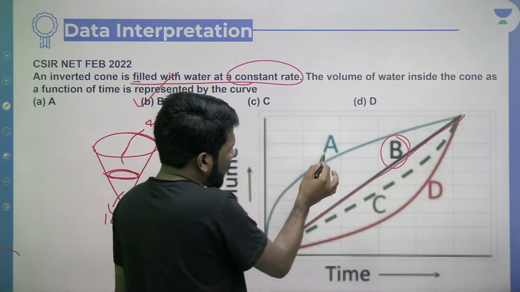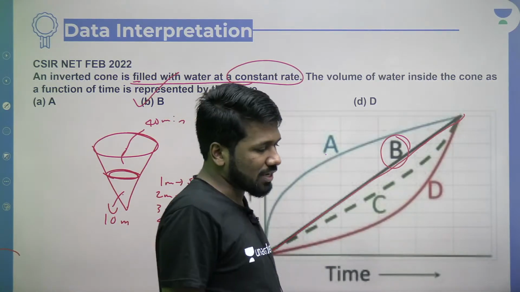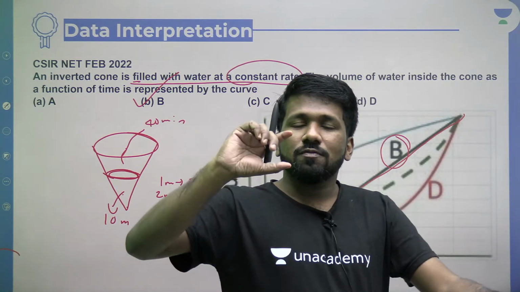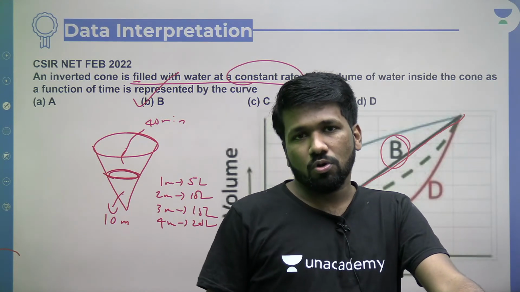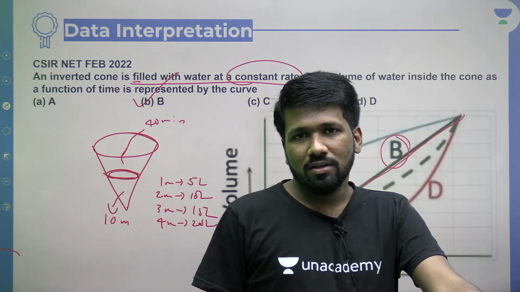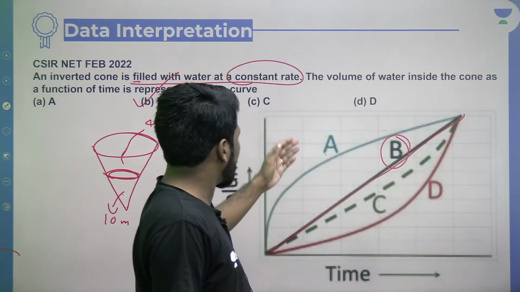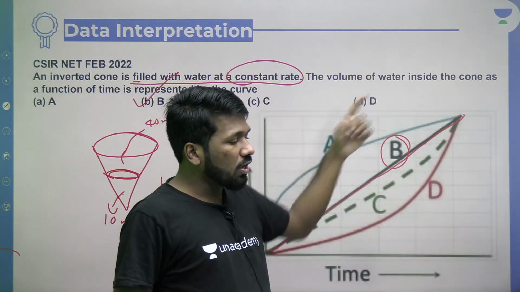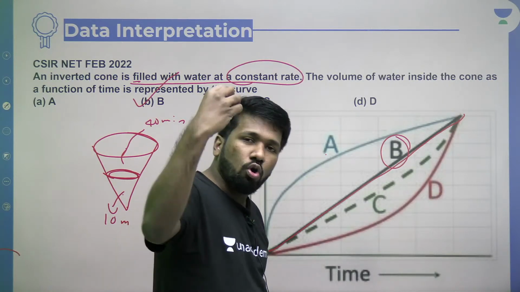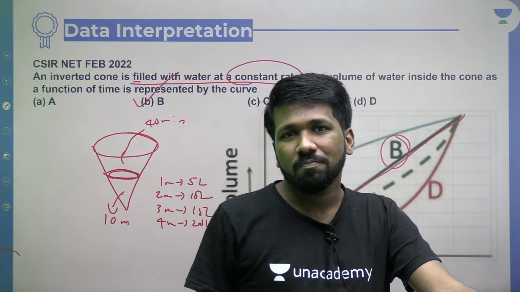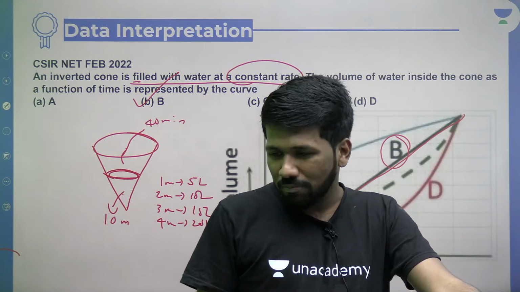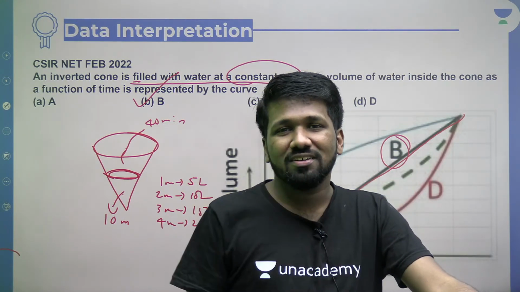That would be option A, maybe the answer, if the question was asking at what rate the height of the water column is increasing and which graph would be correct. In that case option A would be the answer. But here what is the question? Volume of water. Whatever the shape, cone, cylinder, sphere, hemisphere, or any 3D shape, volume filled is not based on the shape, na?